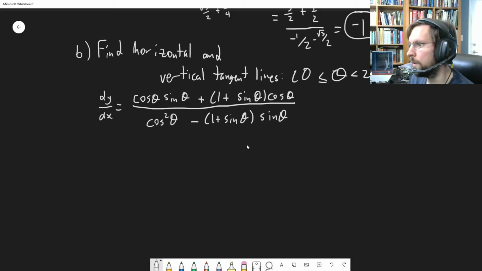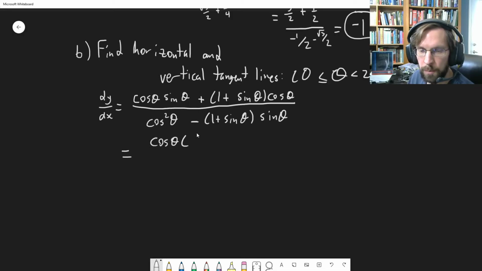Okay, so there's our derivative. This doesn't look like such a friendly form to do anything with, but notice everything in the numerator is multiplied by cosine theta, so we can factor out one of those. So we can factor out a cosine theta and a 1 plus 2 sine theta, and then in the numerator.